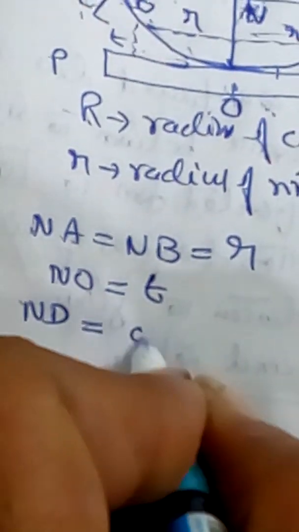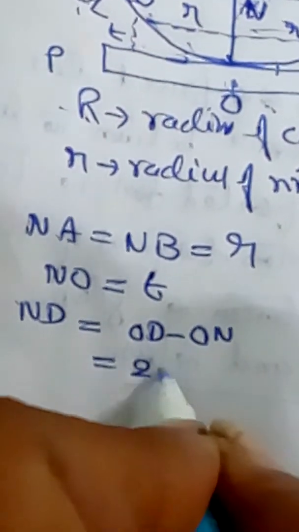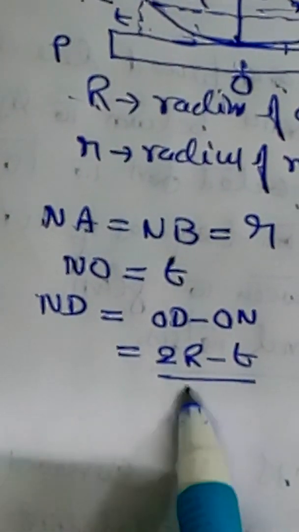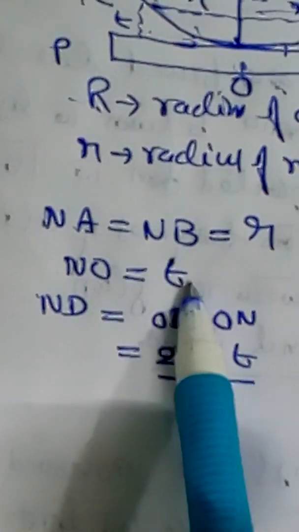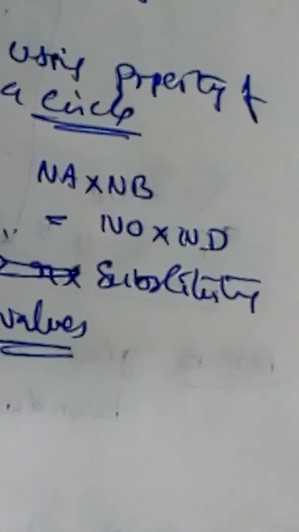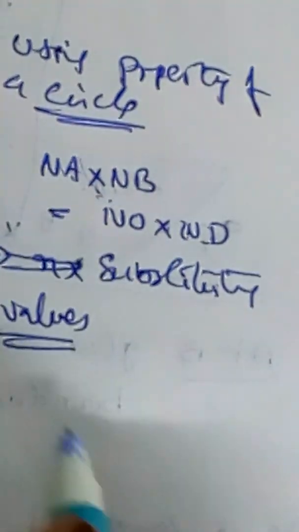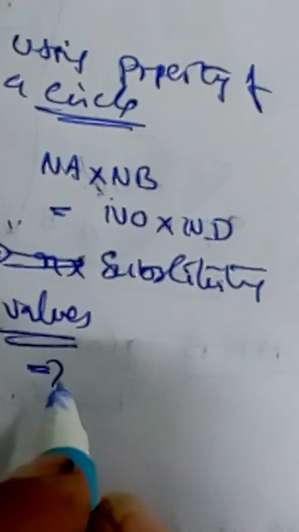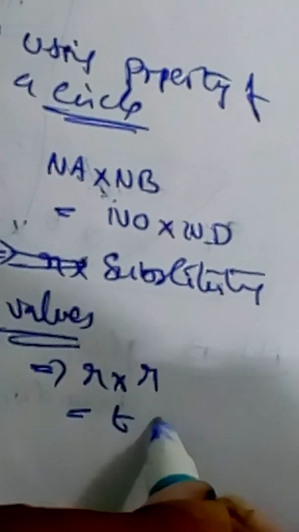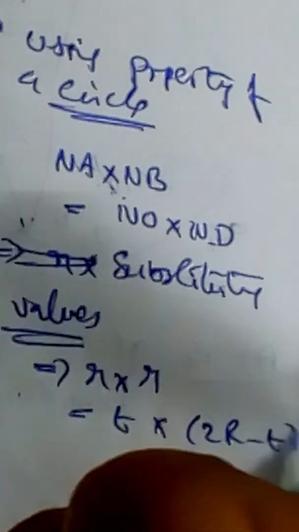So in my equation ND becomes OD minus ON, that is 2R minus T. So my ND value is 2R minus T, my NO value is T, my NA and NB are R. Therefore if I substitute all the values in this equation, I get R into R is equal to T into (2R minus T).